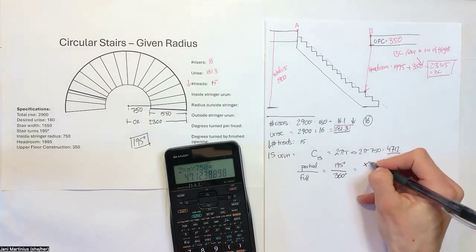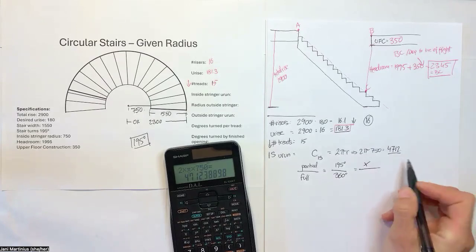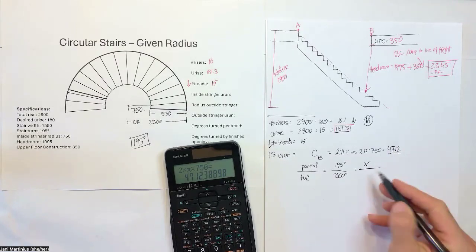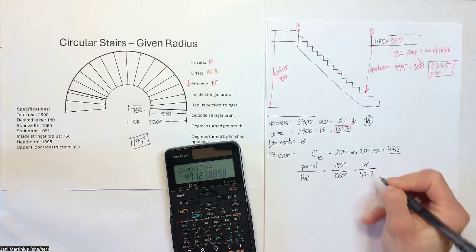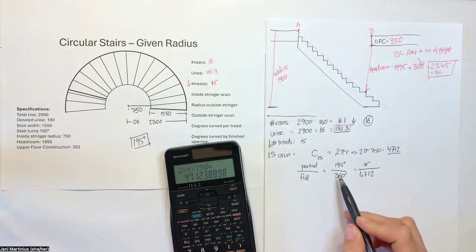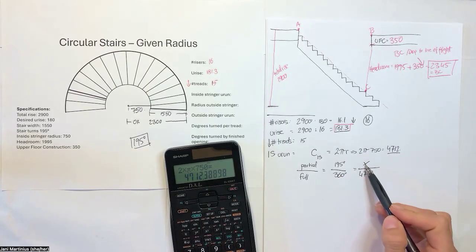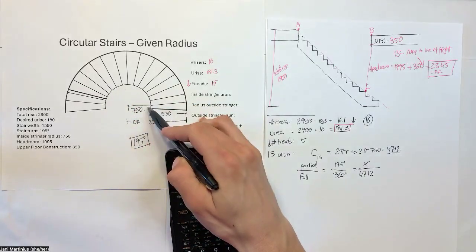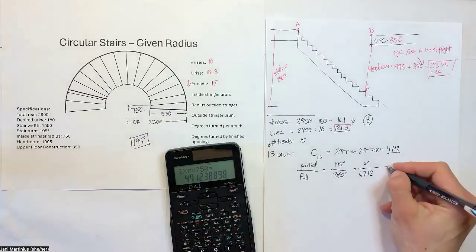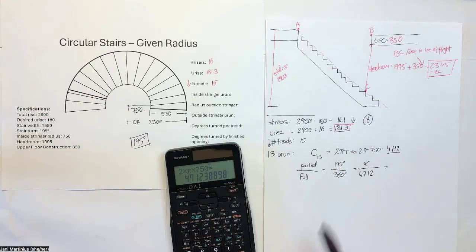We just figured out the circumference of the full circle, so this way we can figure out how long this is of just 195 degrees. So ratio and proportion, cross multiply and divide.